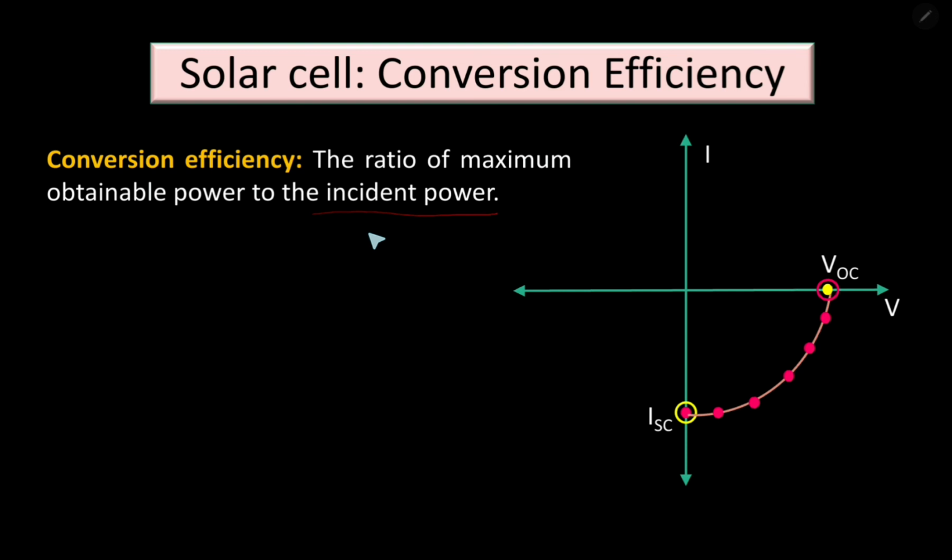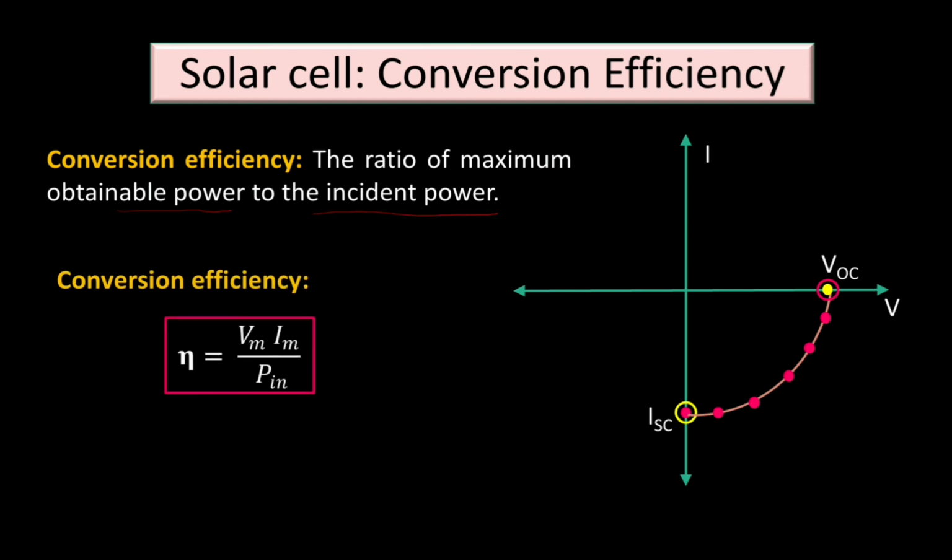Incident power is the amount of power which is being incident on the solar cell, and this is the obtainable power which is nothing but Vm Im. So the ratio between these two gives us the conversion efficiency eta, that is equals to Vm Im over P in, where P in is the incident power.